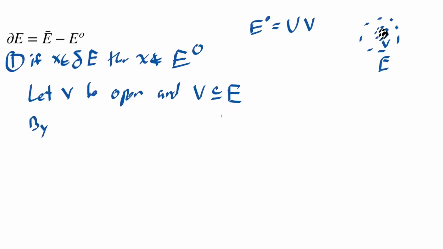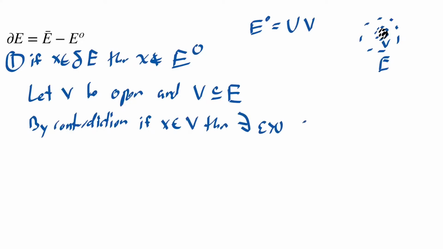So I'm going to say, by contradiction, if X is in V, then there exists some epsilon greater than 0 such that the ball of radius epsilon about X is completely contained within V. That's because V is open.